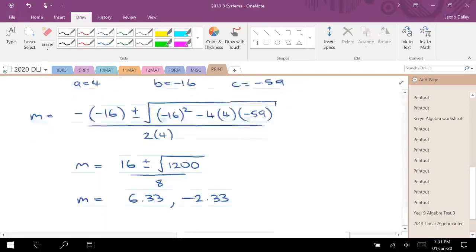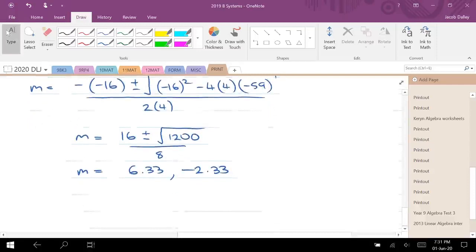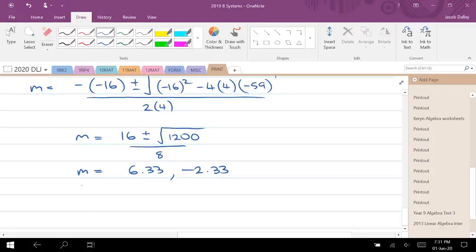So those gradients correspond to 2 line equations for the tangents. So I might just write tangent equations. So y equals 6.33x plus 16.